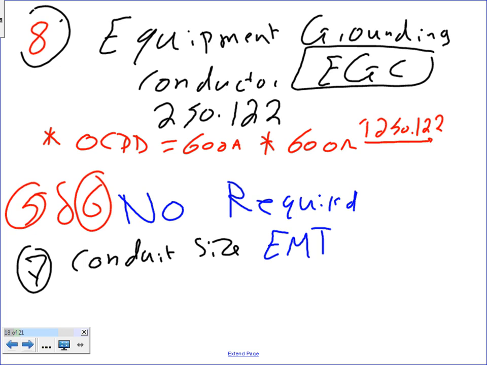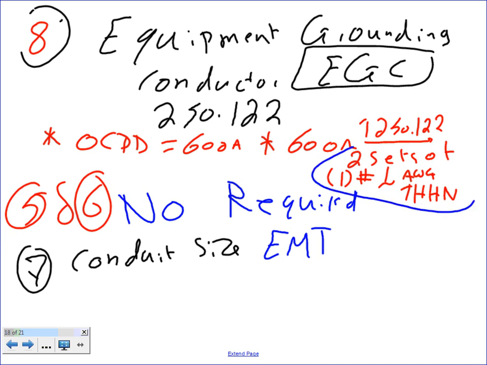I need 2 sets of number 1 AWG THHN. I'm going to highlight this one with some type of color here. Okay, why 2 sets?